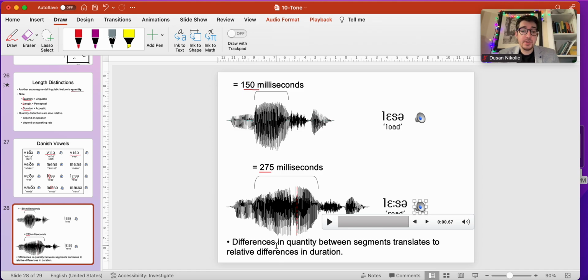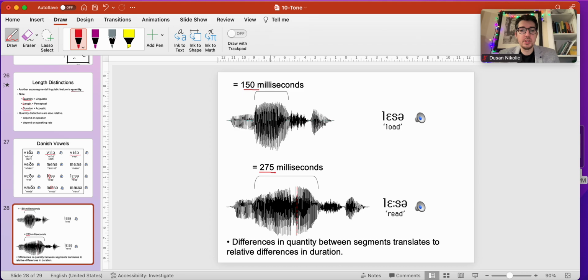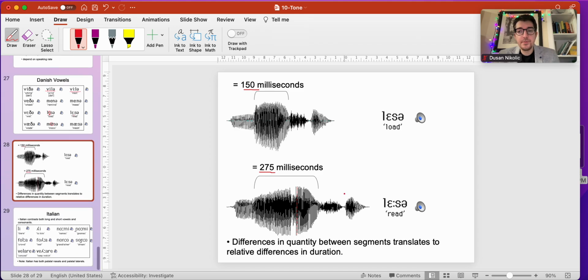Yeah, so differences in quantity between segments translates to relative differences in duration. And we say relative again because this is not always the case that the vowel is 275 milliseconds or 150 milliseconds. No. In fact, it can be around 200, 250, 300 maybe, I don't know.